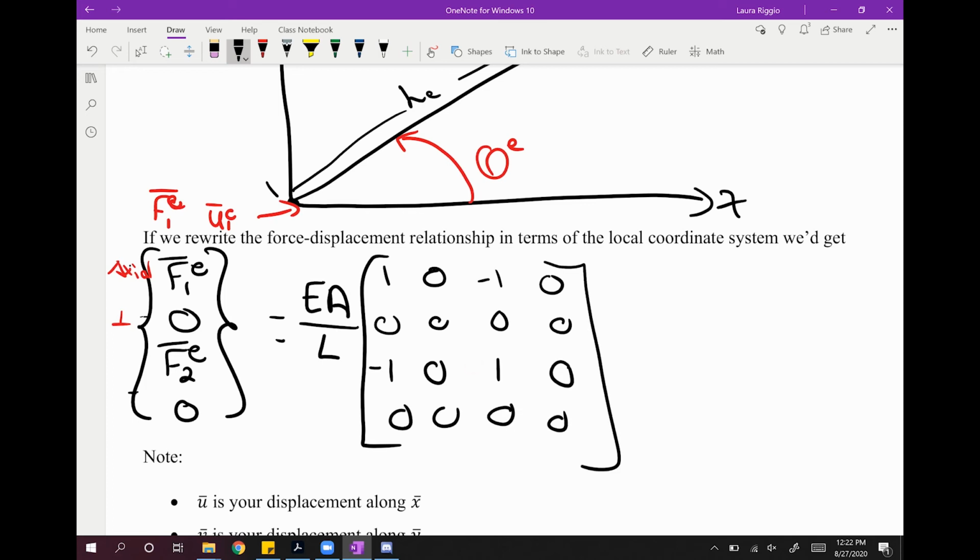So our original 1, minus 1, minus 1, 1 matrix is still there. We've now just expanded it to include both the X and Y bar directions for each end of our member. And this would be multiplied by our displacements. So we have U bar 1, we have V bar 1, where V is the displacement in the Y direction. We have U bar 2, and we have V bar 2.